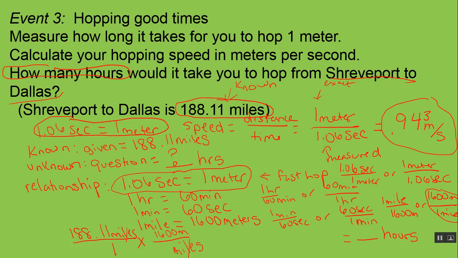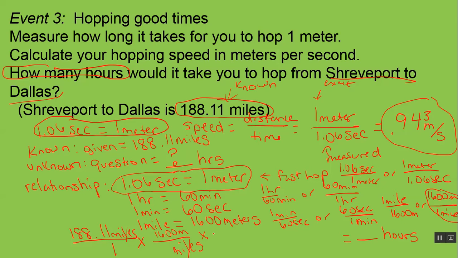But meters wasn't what we were trying to solve for. Remember, the question is how many hours. So we're going to need another relationship. We're going to need something else that will allow us to take those meters and go to something else. Notice the only relationship with meters in it is meters and seconds, right? We figured out our speed, which we said was 1 meter is 1.06 seconds.